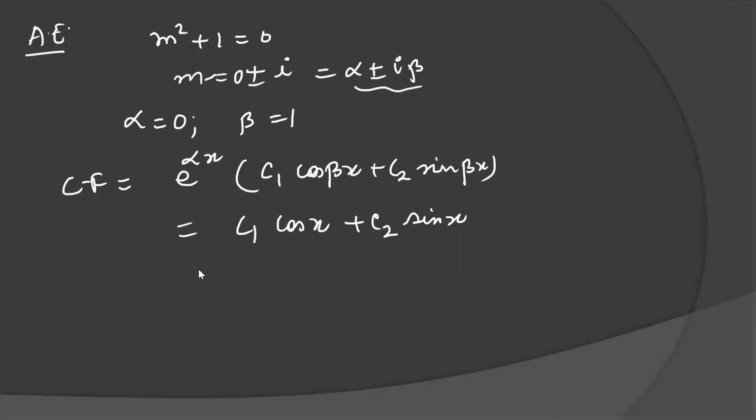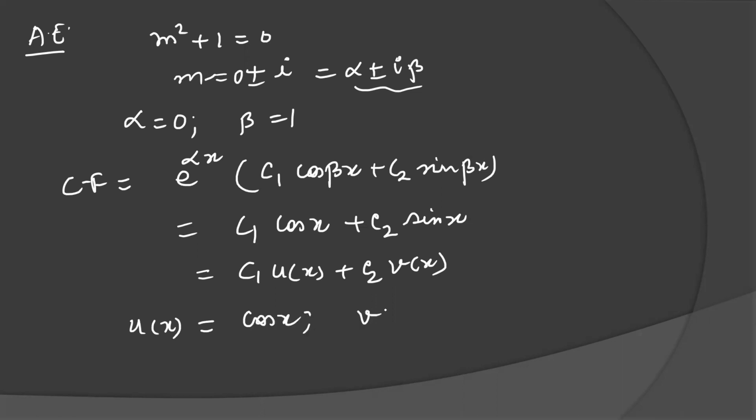Now you will compare this with c1 u(x) plus c2 v(x). You can change u and v, no problem. Accordingly, your a and b will change. u(x) is cos x and v(x) is sin x. It is not necessary that u is cos. u can be sin and v can be cos also. Accordingly, your a and b will change.